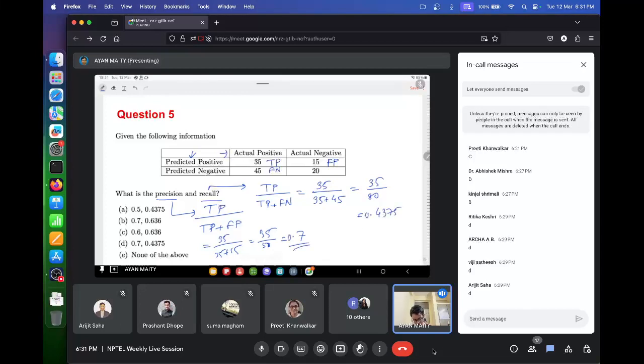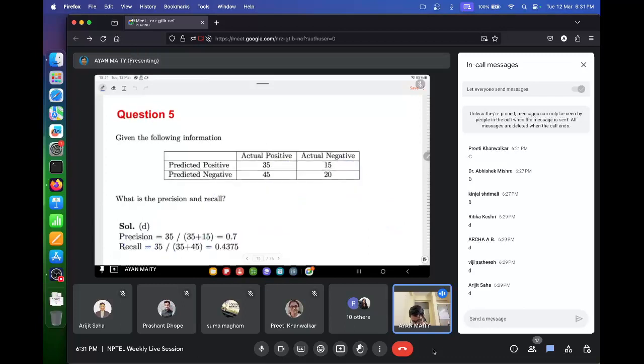So precision is 0.7 and recall is 0.4375, which is option D. Yes, option D is the correct answer. So basically you have to find these three parameters: true positive, false positive, false negative, and use the formulas for precision and recall to compute these two values.